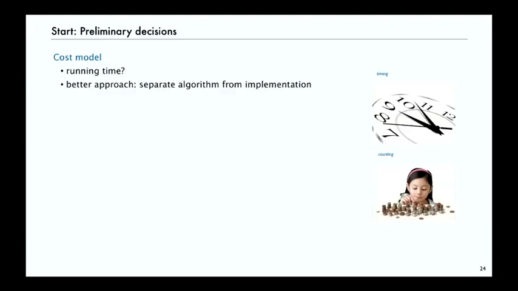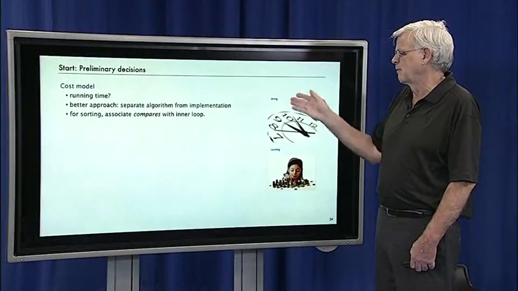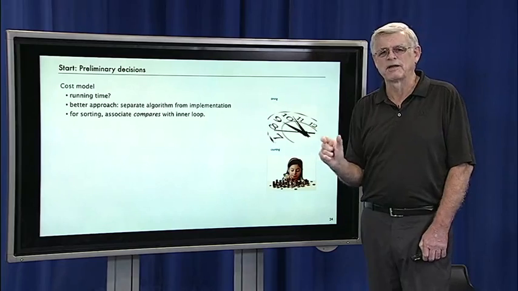So we have to make some preliminary decisions when we're going to study that kind of code. The first thing is the cost model, and the cost we're going to talk about is the running time. But really it's better to come up with an abstraction, so we're not talking about microseconds or seconds. What we want to do is talk about something abstract.